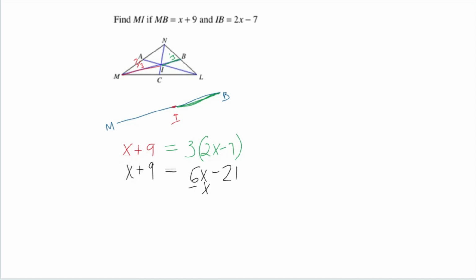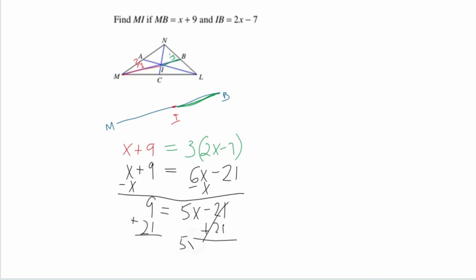We would subtract x from both sides, so we have 9 equals 5x minus 21. We're going to add 21 to both sides. So this is going to cancel. We have 5x equals 30. So our x is going to be equal to 6.